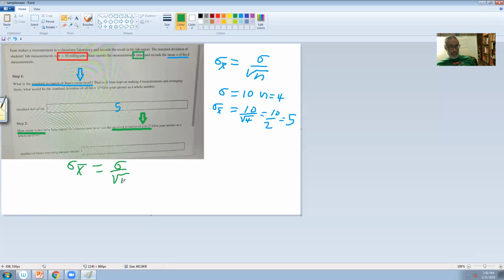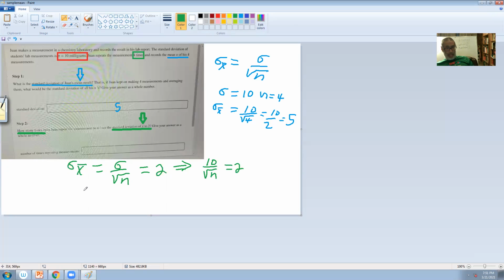We're solving for n here. We want that to be 2, because we want the standard deviation of the mean to be 2. So sigma itself was 10, over the square root of n is 2. Now we have to do a little bit of algebra.